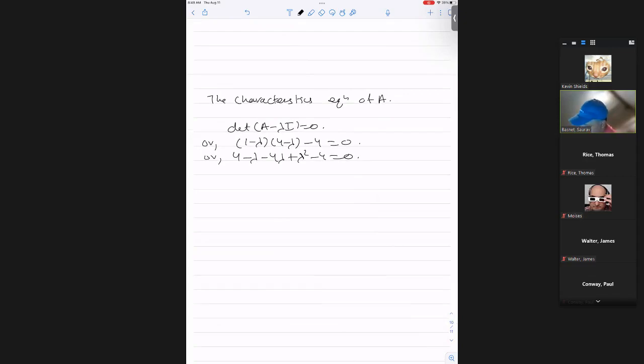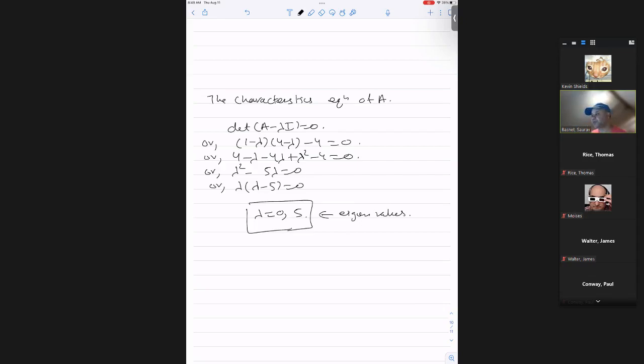So the 4 and 4 cancel out, and we get lambda squared minus 5 lambda equals 0, or lambda times (lambda minus 5) equals 0. Lambda equals 0 and 5. These are your eigenvalues. I think you guys understood this one, right?